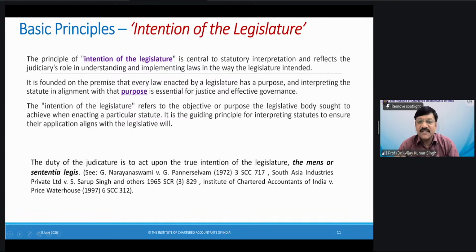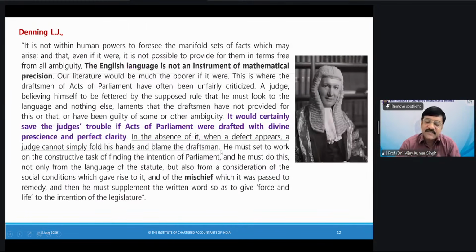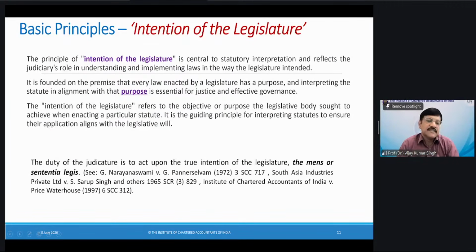The intention of the legislature refers to the objective or purpose the legislative body sought to achieve when enacting a particular statute. It is a guiding principle for interpreting statutes to ensure their application aligns with legislative will. So this is the idea of the intention of the legislature.